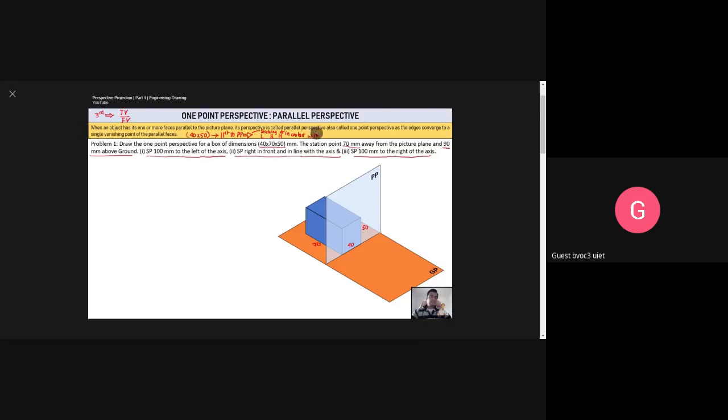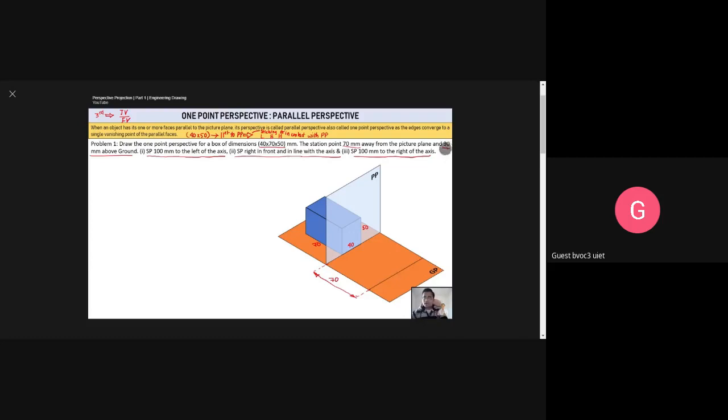Anyway, this is how it has been arranged. The station point is 70 mm away from the picture plane. So this distance I am talking about is nothing but 70 millimeters. And somewhere along this line, we'll have the station point.